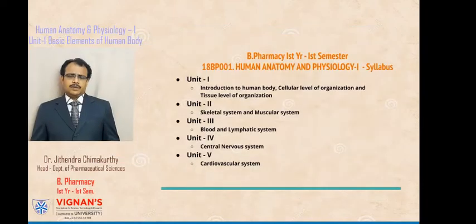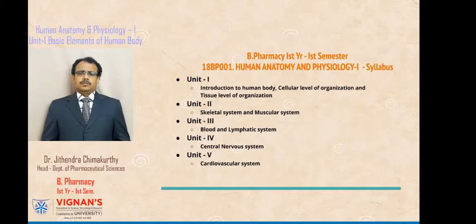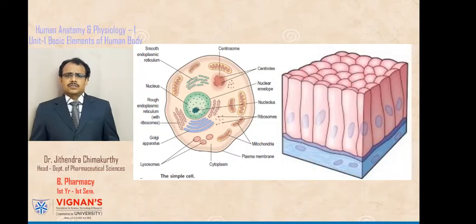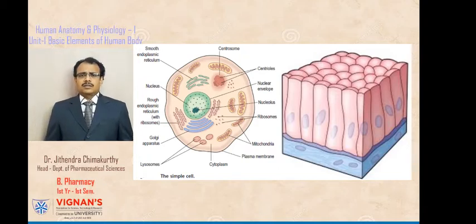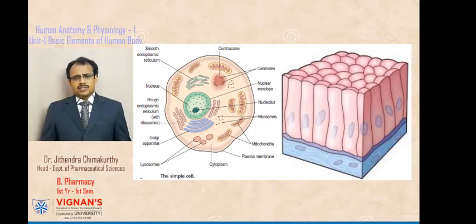So what are the various basic elements the human body is made up of? What are various levels of structural organization? What is the role of various systems in maintenance of homeostasis? What are the cell structures?